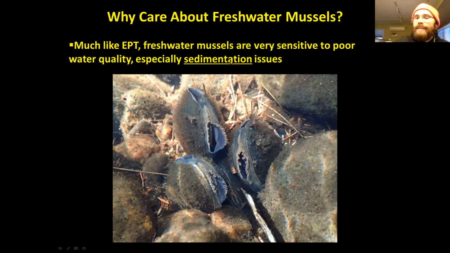And sedimentation is going to be when you have excess soil, sand, gravel, etc., that is entering into stream systems through things like stormwater runoff. And this is going to clog up all of the different rocks that are going to be in the stream. So all that habitat where animals could be hiding, you can't find any place to live in there anymore.